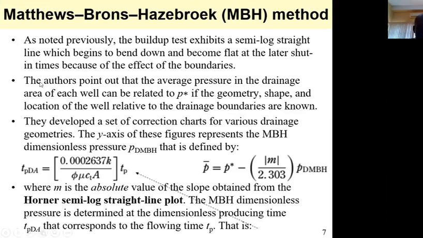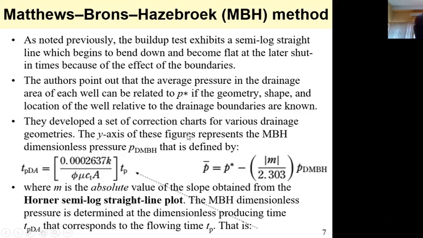The authors of the MBH method found out that the average reservoir pressure can be related to P star if the geometry, shape and location of the well relative to the boundaries are known. So they developed a set of correction charts for various drainage geometries. I'll show that shortly.